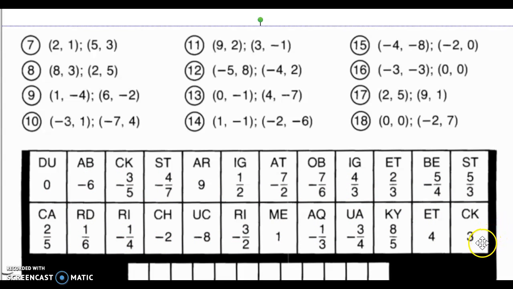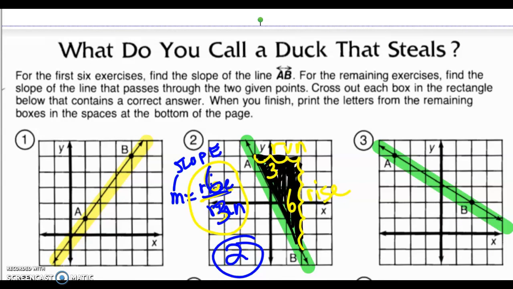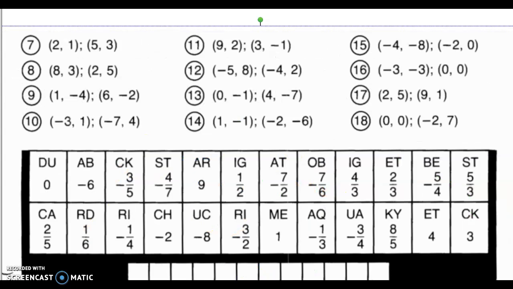Why can't I see it? What am I doing wrong, man? 6 over 3 is 2, right? 1, 2, 3, 4, 5, 6. Yeah, 6 divided by 3 is 2. Can I just not see it?